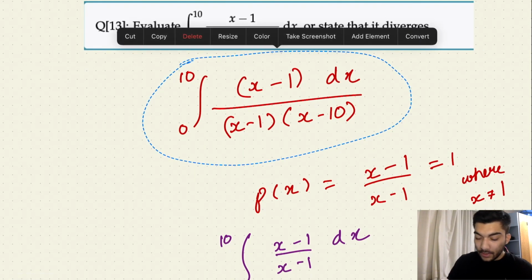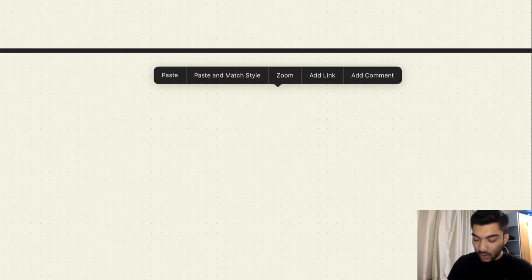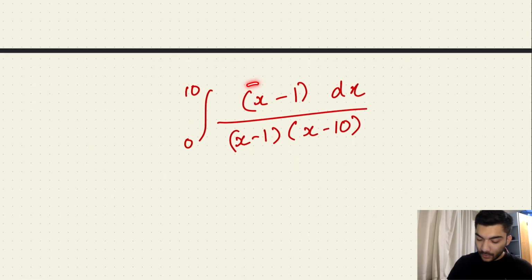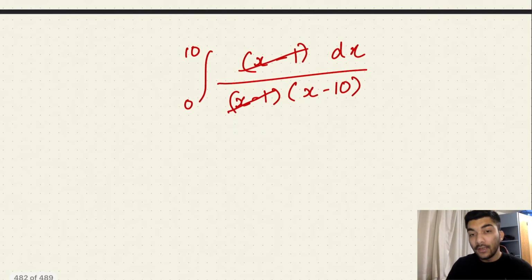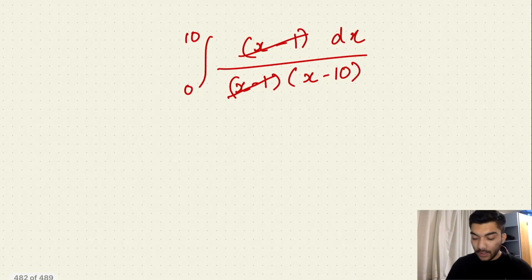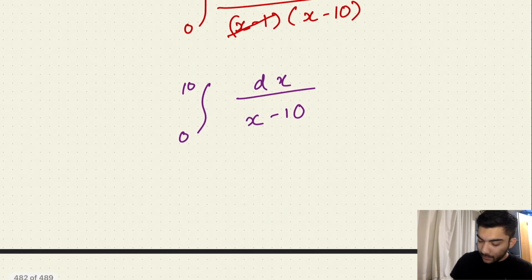So in the original integral expression, since this is a removable discontinuity, we can cancel these terms, because they will not affect the integral in the end. This integral will then be simplified to calculating the integral from 0 to 10 of dx upon x minus 10.